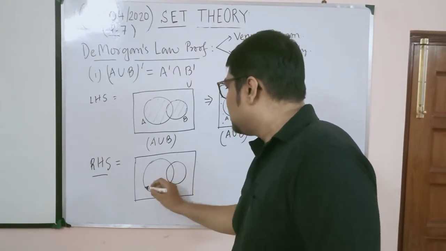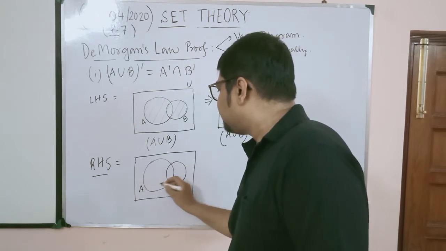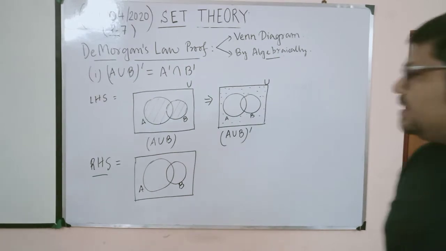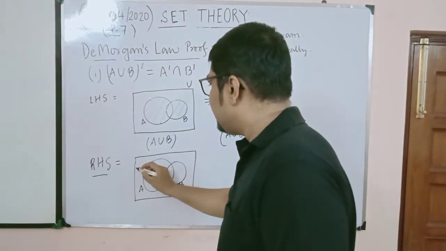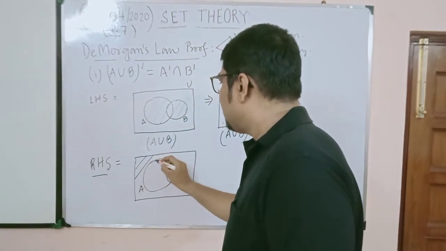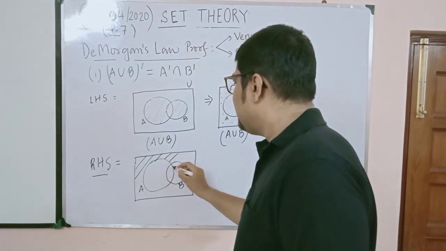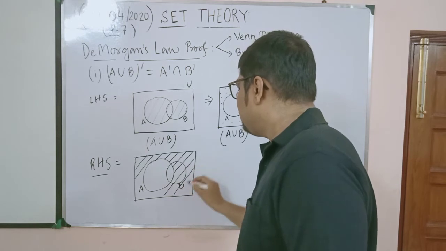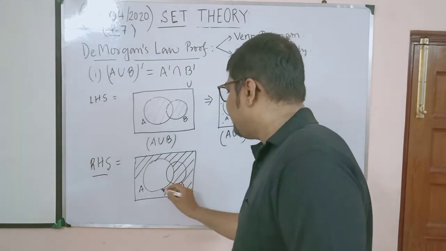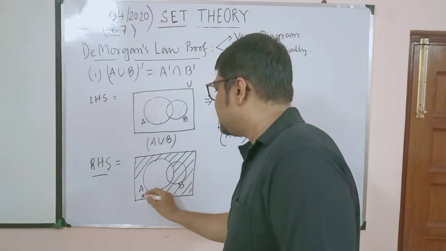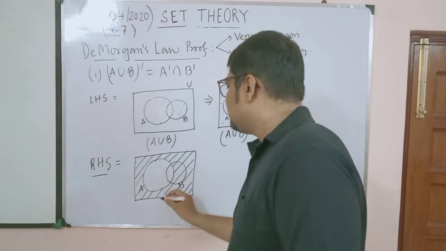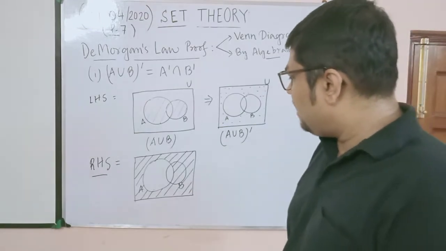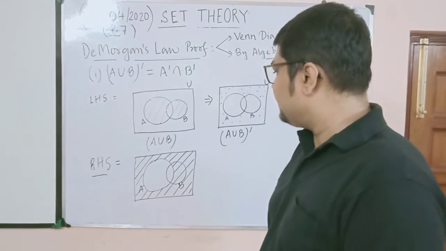So here I have drawn A and B. Now I will try to draw A dashed. A dashed means everything outside A will be A dashed. Look at it, I am drawing through B also. It's everything outside A, it's A dashed. And I will draw B dashed as well.